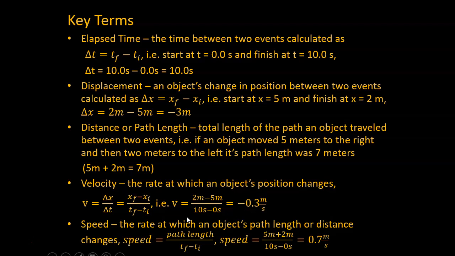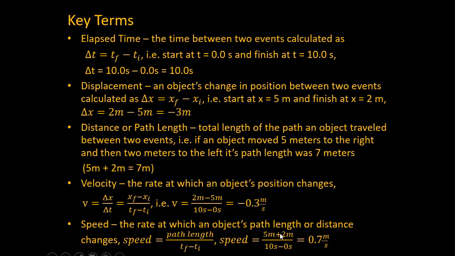Finally, let's look at speed, and that's the rate at which an object's path length or distance changes. So speed is equal to the path length divided by the elapsed time. So if we take our example up here on distance or path length, we saw that the object moved 5 meters to the right, then 2 meters to the left for a total of 7 meters.